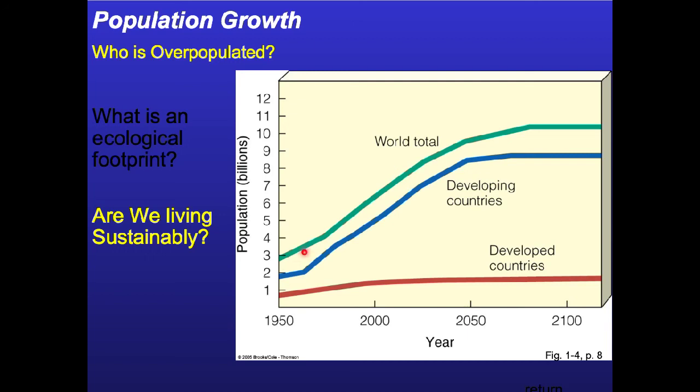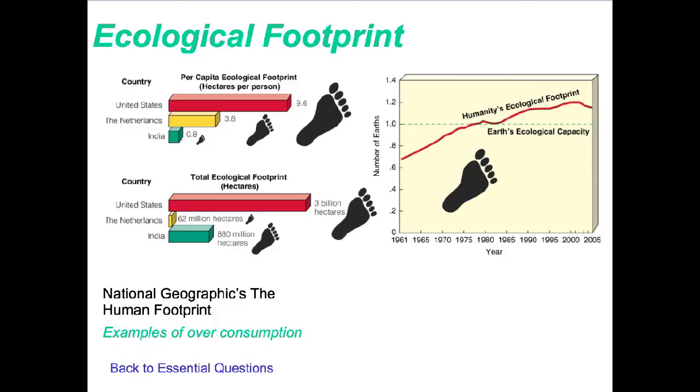Now, with an increasing population dealing with our resources, we have to look at this thing called an ecological footprint. And are we living sustainably? So an ecological footprint is, per individual, how much impact do you have on a unit of area?